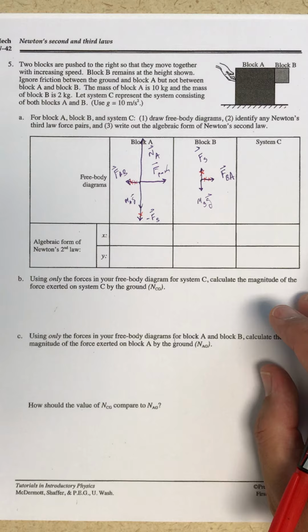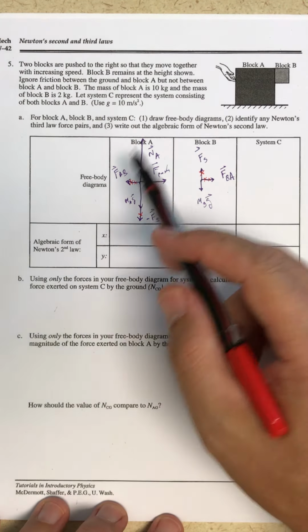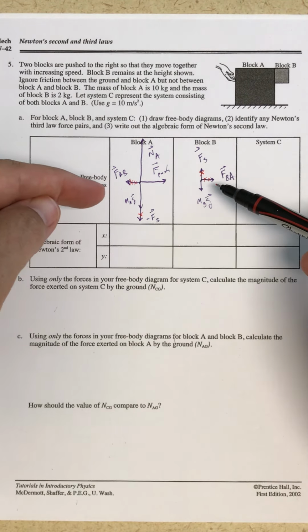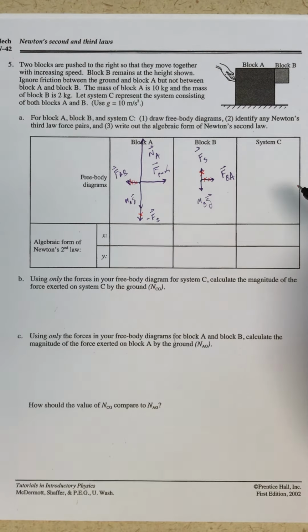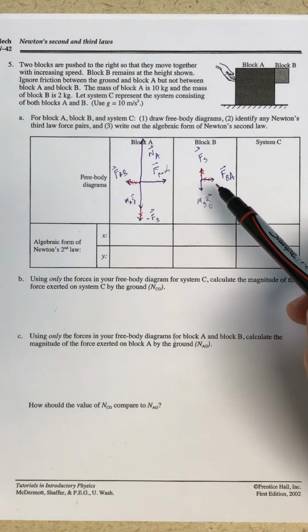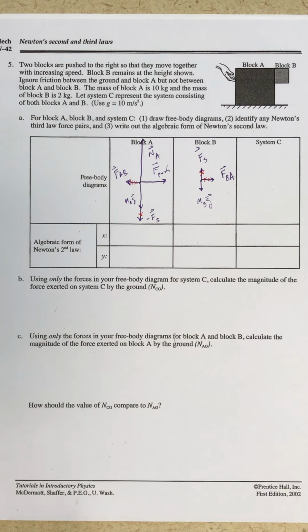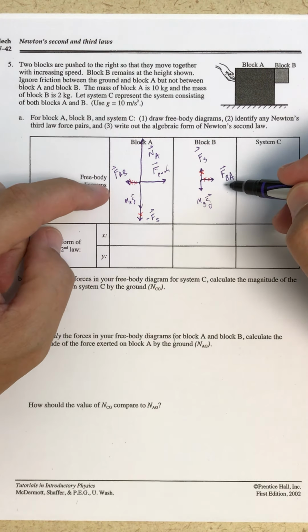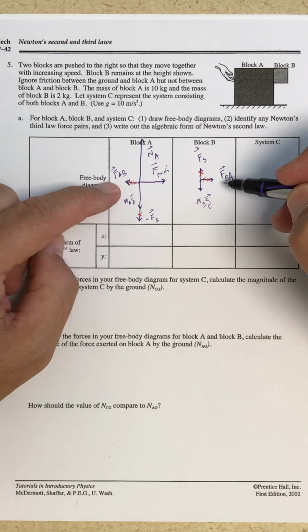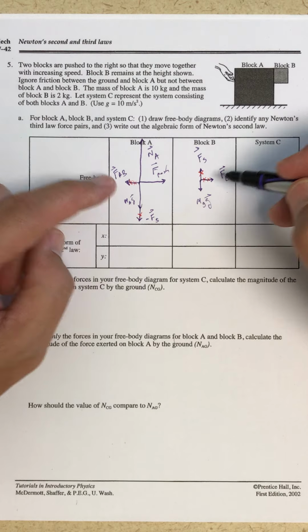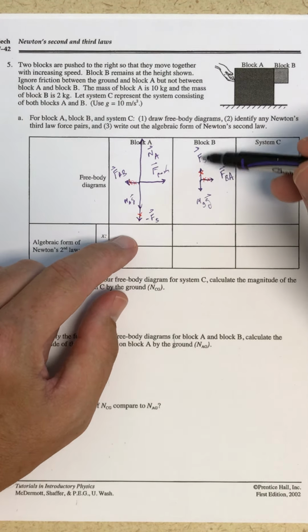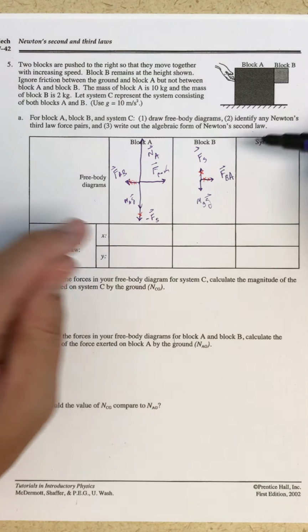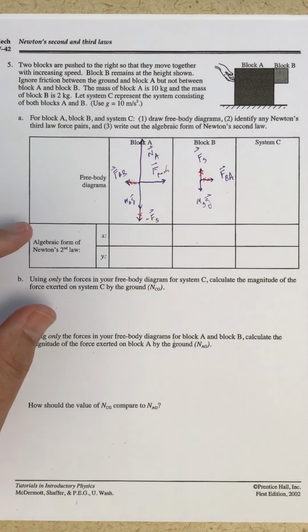All right. Now, I combine these two free body diagrams together to get the free body diagram for the system. All of the internal forces to the system are going to cancel in pairs. So the force on B due to A and the force on A due to B, when I add these two free body diagrams together, cancel out. Force of static friction up, force of static friction down, those cancel out.